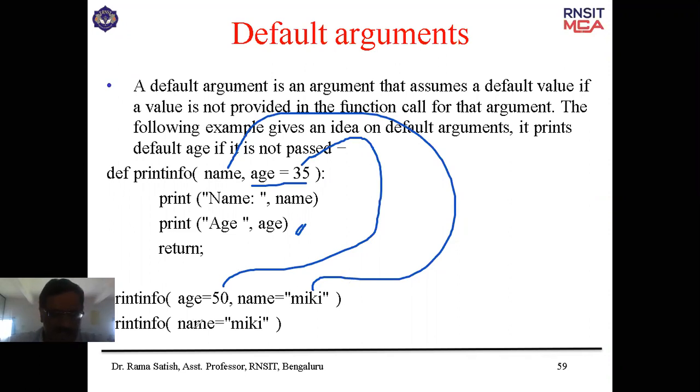Next function call: name is equal to Mickey, but the default value you have not specified. In this case, the default value remains as 35 only, but the name is Mickey.